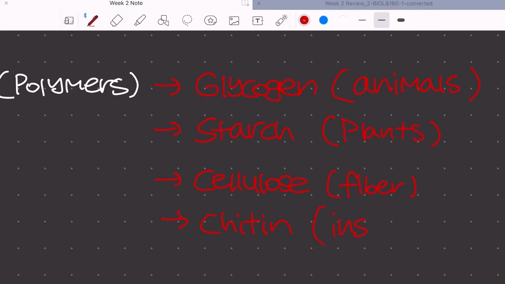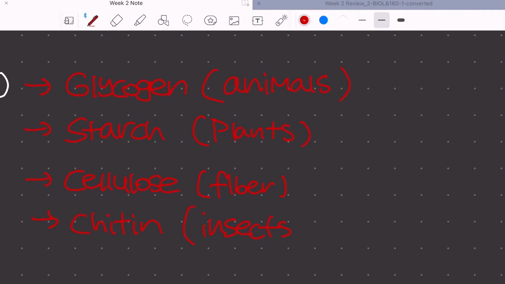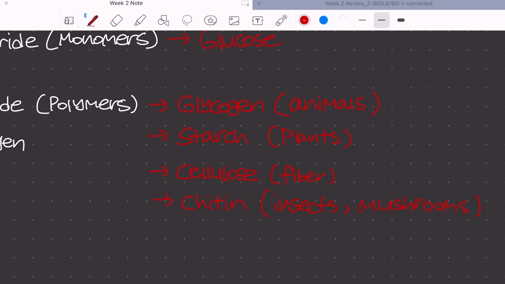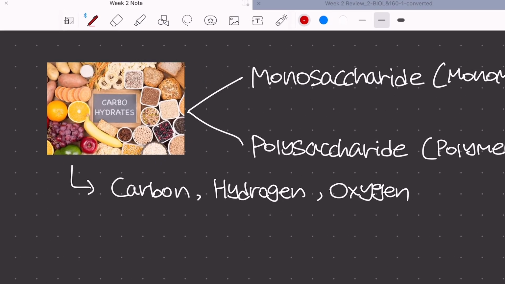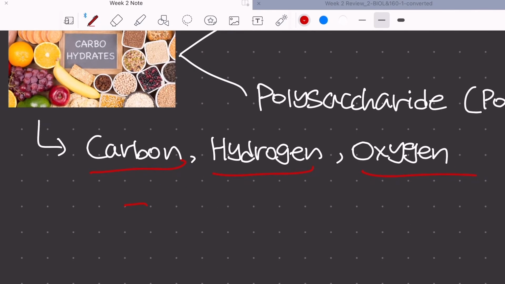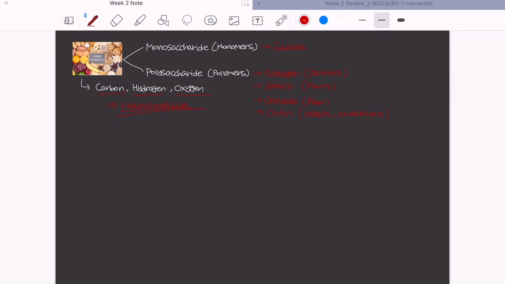So it can be found on insects and mushrooms. And obviously, since carbohydrate is made up of these chemical elements, it is considered a macromolecule. So that is carbohydrate for you.